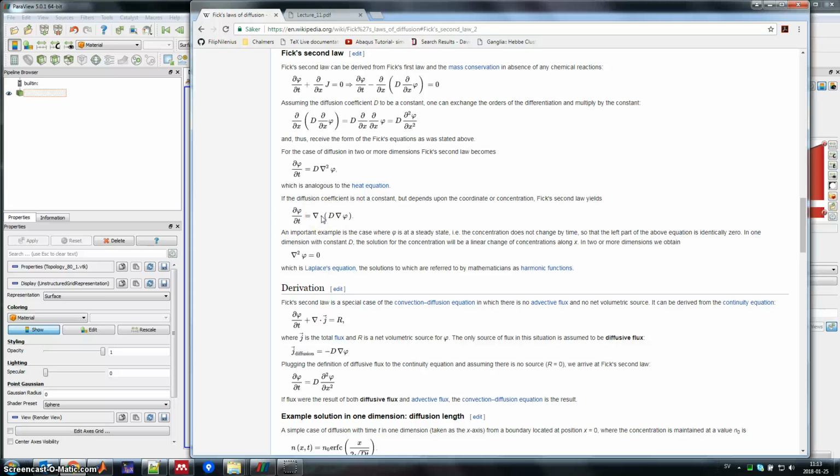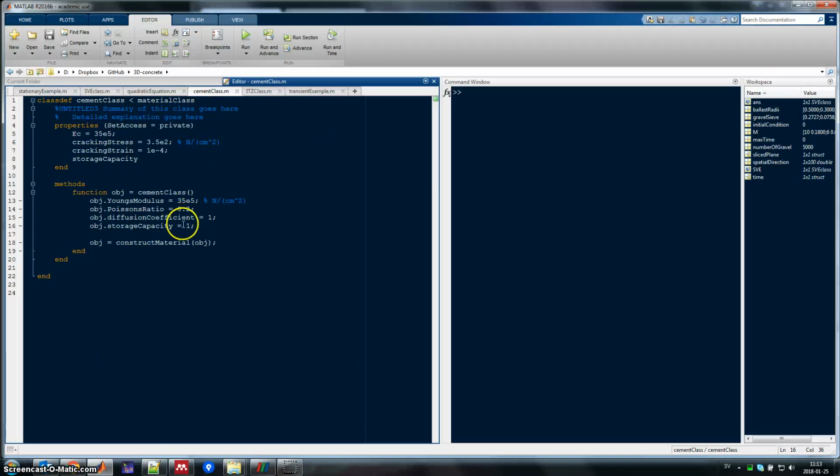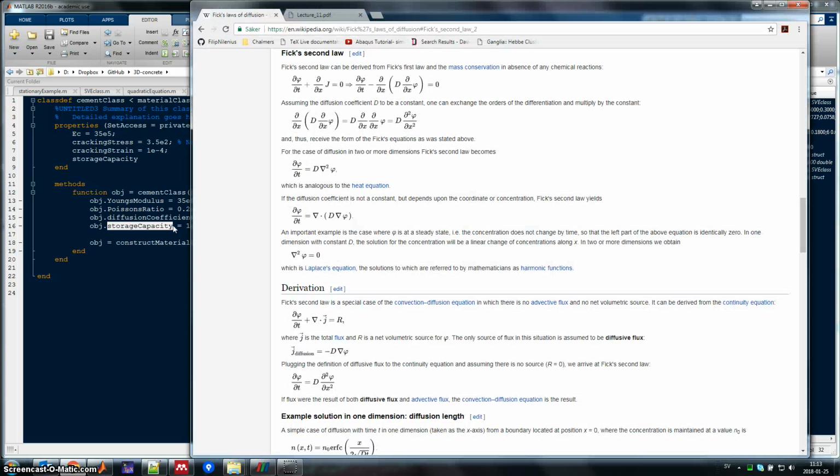And here you will need to set some material parameters. For instance, if you go into cement class, there's this property storage capacity, and this corresponds to this quantity here on this side.